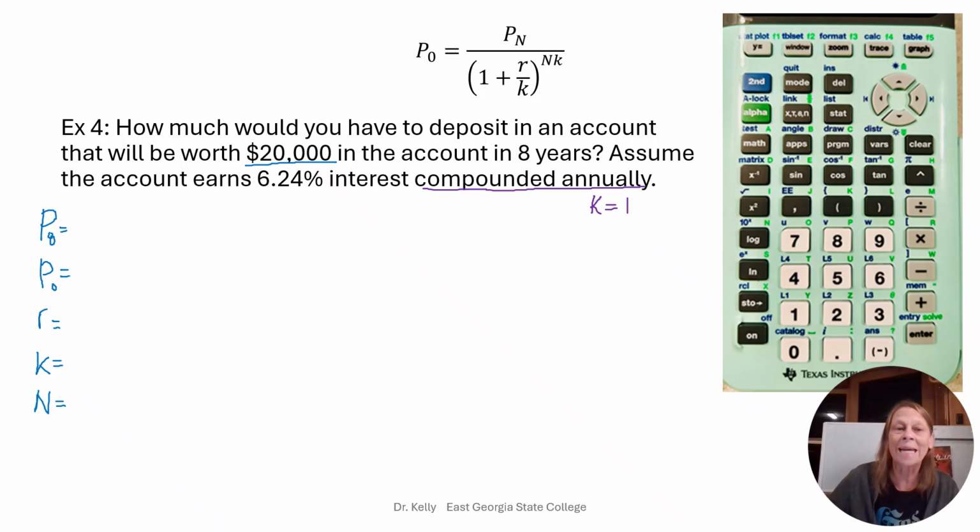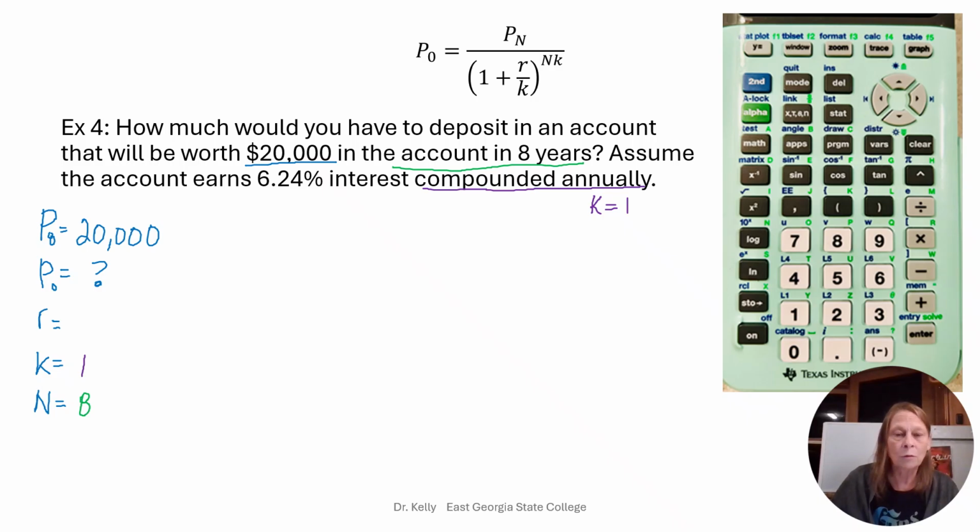That means at the end, it will be worth $20,000, so $20,000 needs to go here. And it said, how much would you have to deposit? So that's the old question mark. In the account in 8 years, so N is 8. We determined K is equal to 1 already.